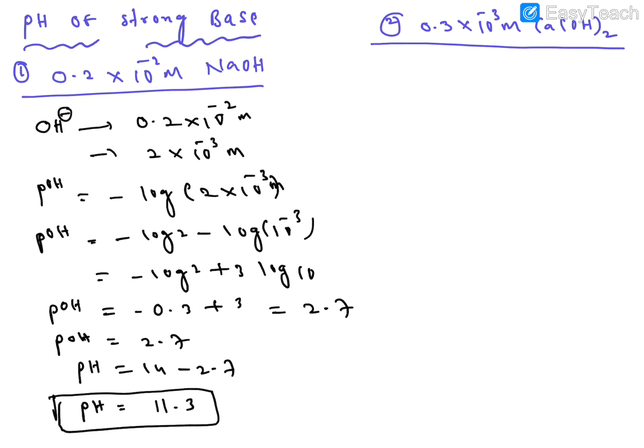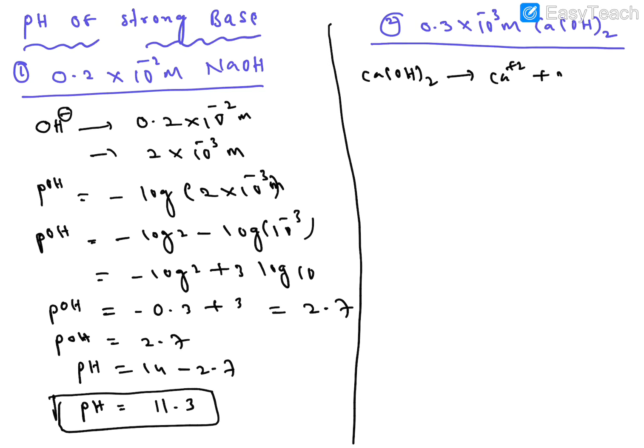So this is the pH of that concentration. And next example here, calcium hydroxide. Okay, we know how calcium hydroxide is dissociated. The calcium hydroxide is dissociated into calcium plus 2 and 2OH minus.